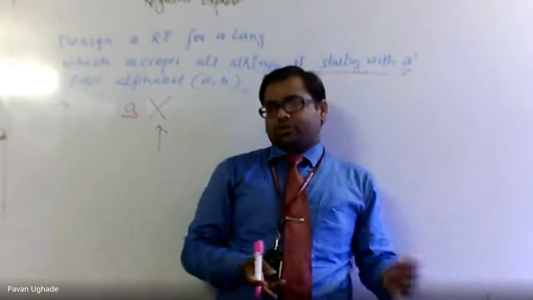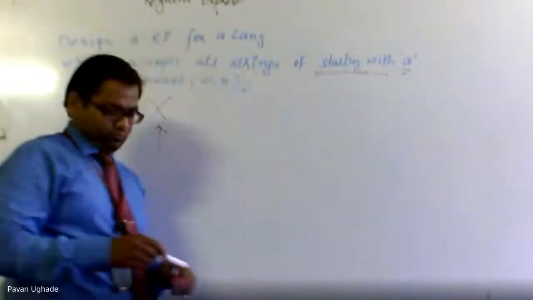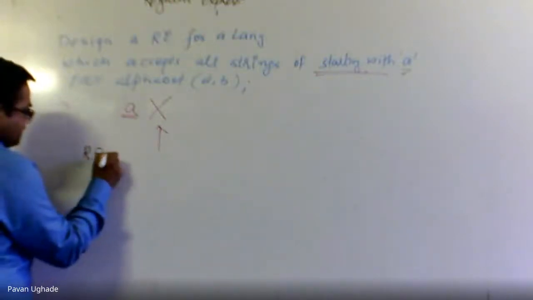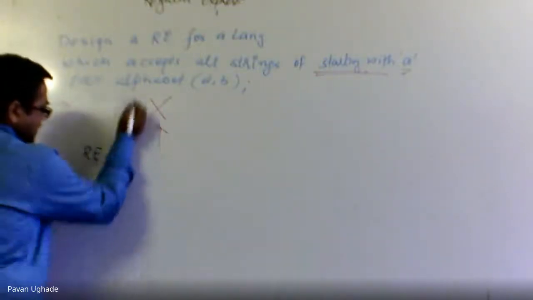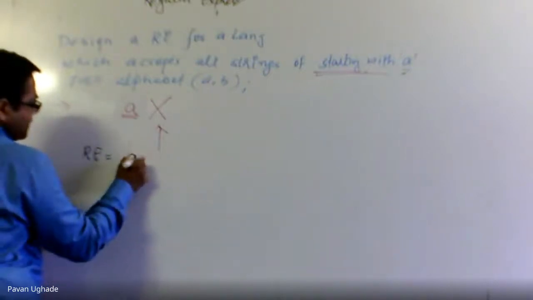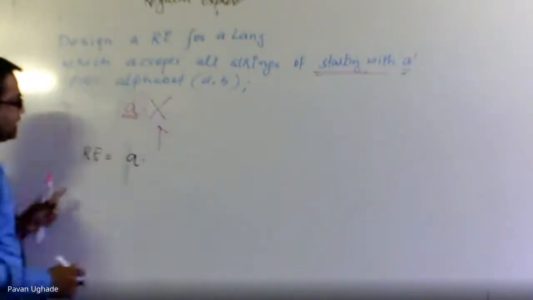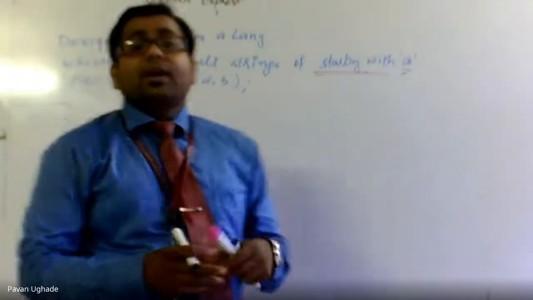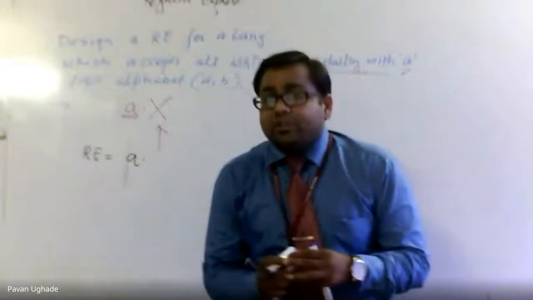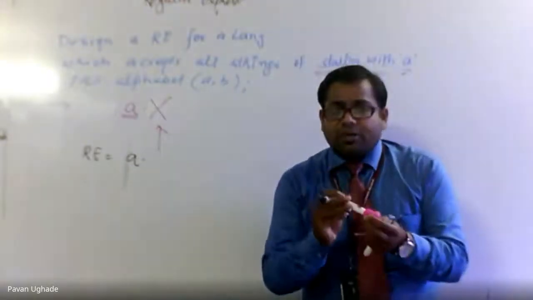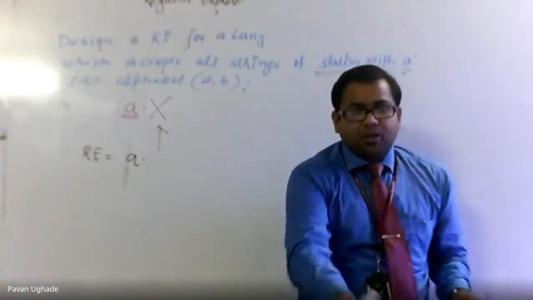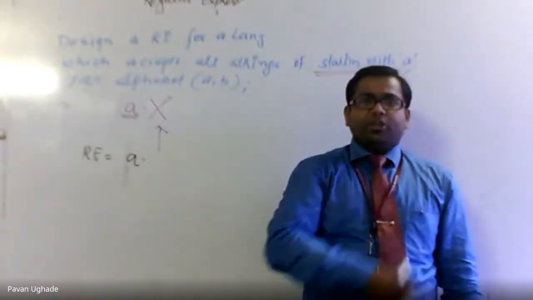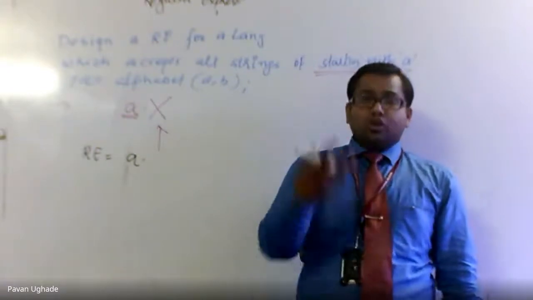In this fashion, what will be the regular expression? A should be first, dot. After that, what can it be? I'm saying any combination of A and B. So what will you understand from this? Any combination, any means 0 or more.